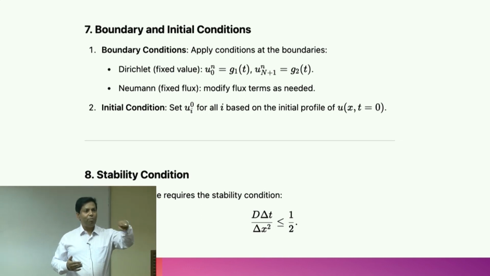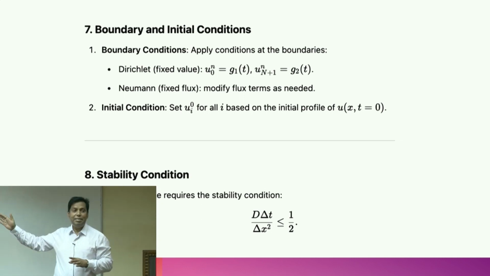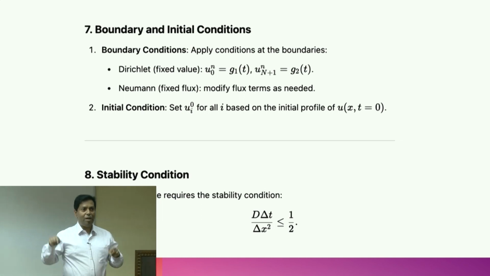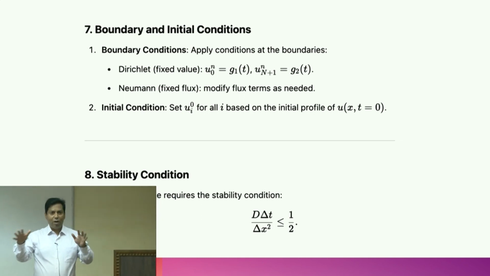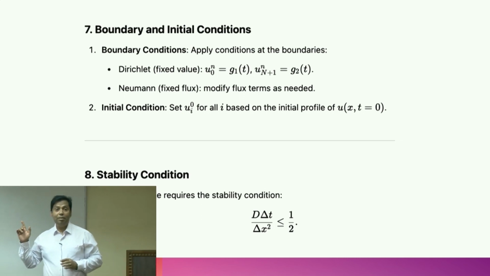Maybe some heat is coming from outside; we have to give boundary conditions. We are not solving the whole nature problem, we are solving a part of nature. So we have to give the proper condition at the boundary, otherwise it won't be solved perfectly. That is why the boundary condition is very important.